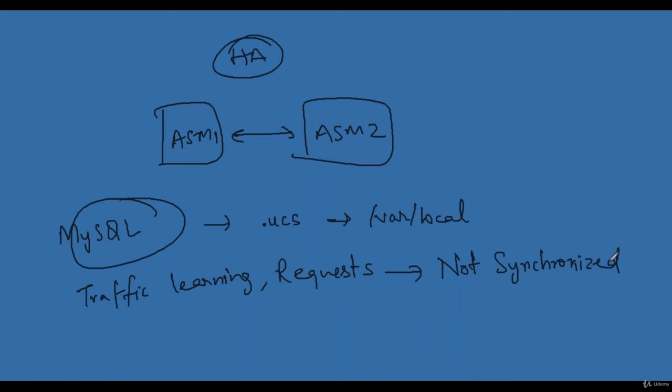So whenever we talk about setting up an HA, there comes a term called device group. A device group is nothing but two or more BIG-IP devices which use the same configuration and provide consistent security policy enforcement.